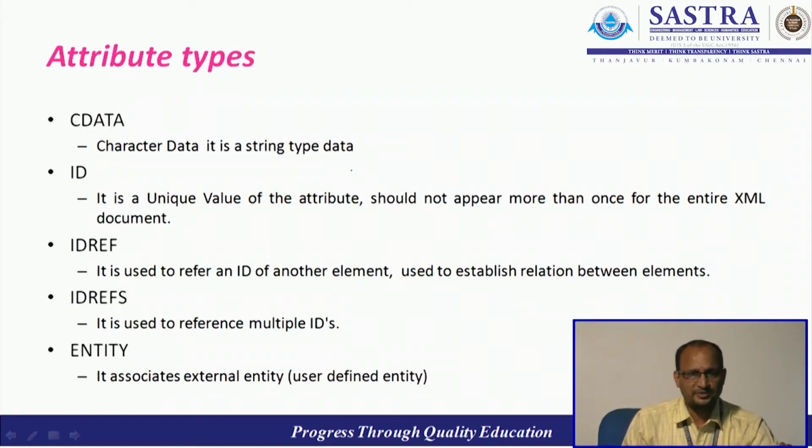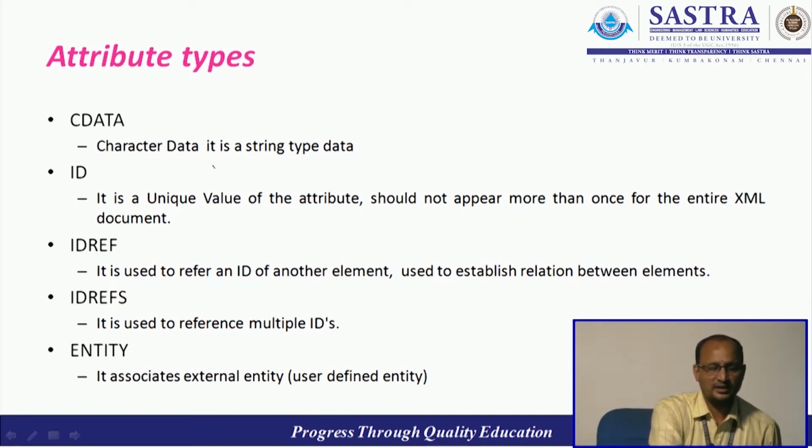Attribute types. This is actually how variables can be declared under a type, just like in other programming languages, where various data types are available for declaring the values of a variable, primitive, user defined, like that. In XML, especially in the document type definition, CDATA is one of the important types.